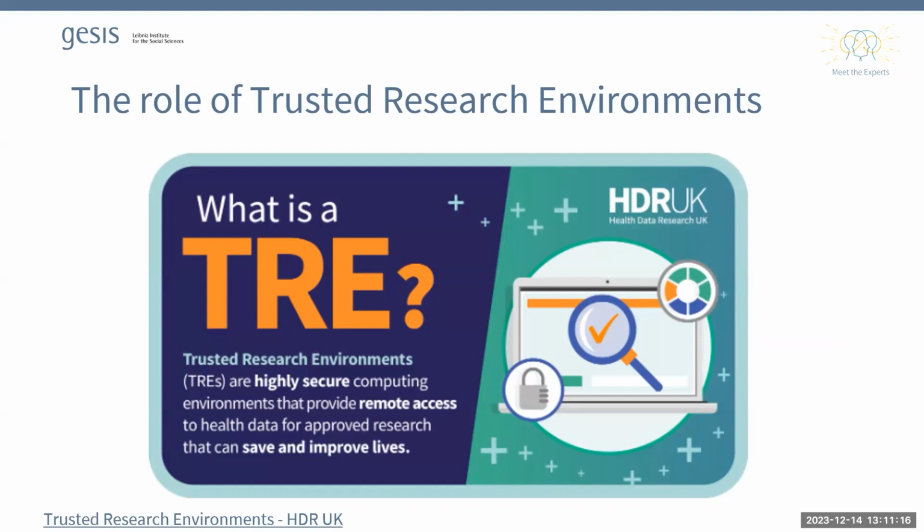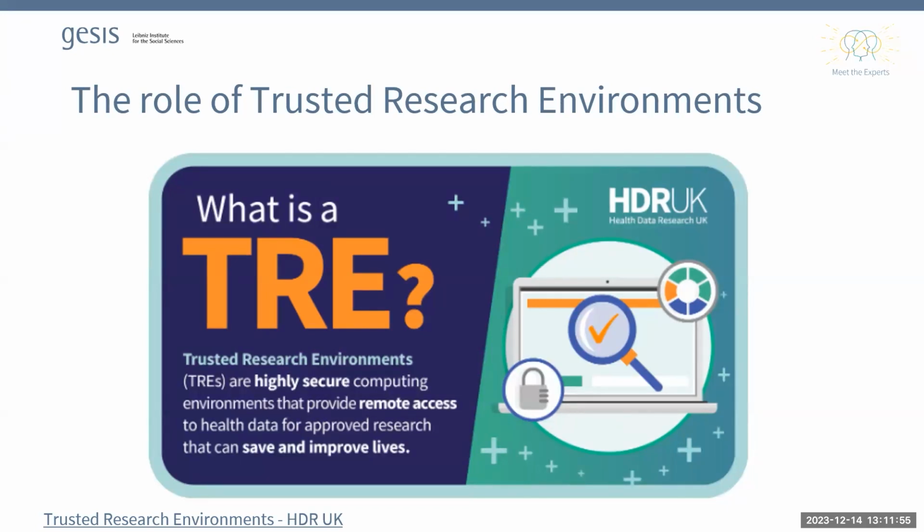Now, this is a relatively new term, and I'm using the definition from Health Data Research UK because I think it's a very succinct definition. So a trusted research environment is a highly secure computational environment that provides remote access to sensitive data, in this case health data, that can be used for approved research.